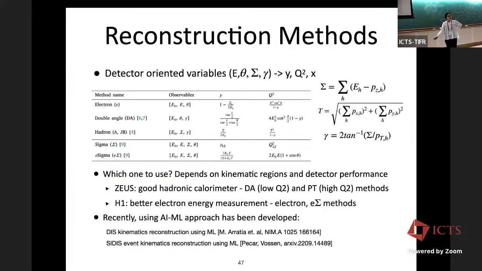And for the charged current also, you can only use the hadronic method. Recently, there has been some development of using machine learning techniques to reconstruct the DIS kinematics for the EIC. I will not discuss it in this talk, but I posted one of the papers that was recently published.